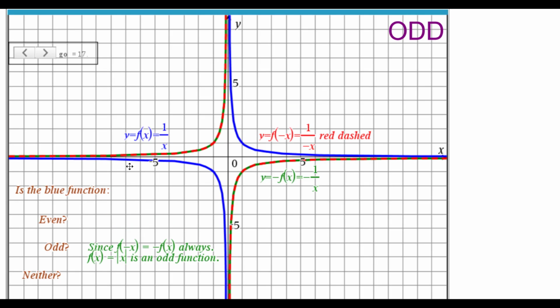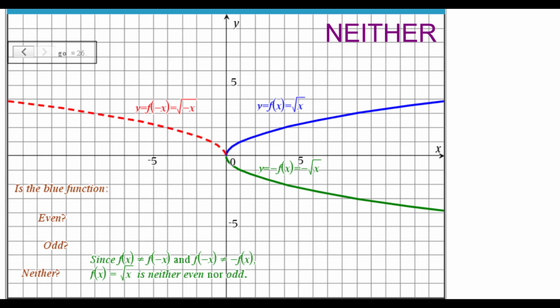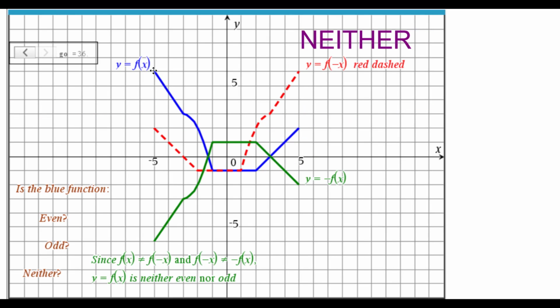You can see that f of the opposite of x and the opposite of f of x are identical, so this is an odd function. The square root function was neither. You can see that it's definitely not even, definitely not odd, so it's neither. And this piecewise function that I created in blue here is not even, it's not odd, it is neither.